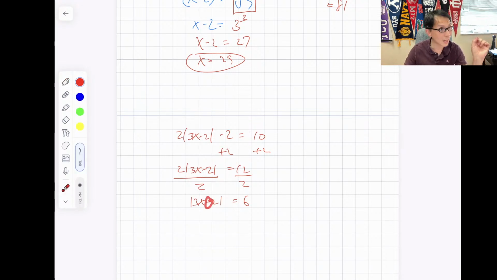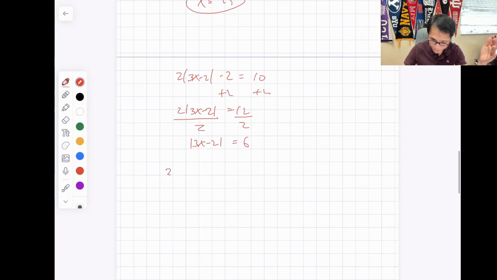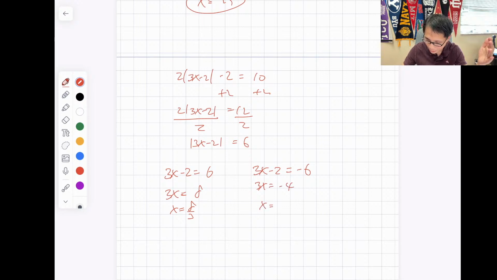So the result could be 6 or -6. If the result is 6, then it would be positive 6. If the result is -6, it would be the same answer as well. 3x equals 8, x equals 8/3, 3x equals -4, x equals -4/3. Is that the right answer?